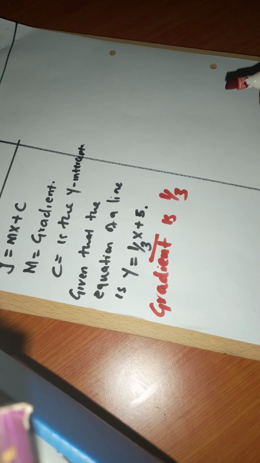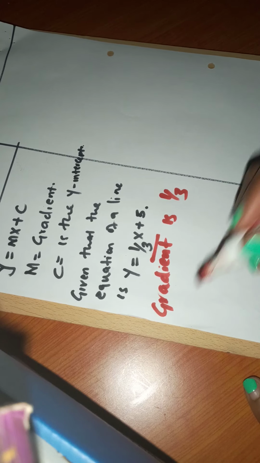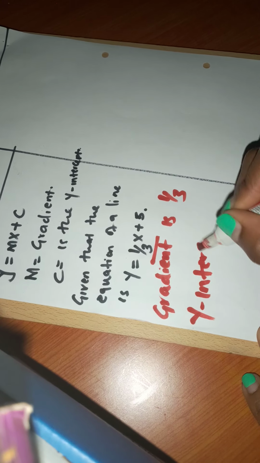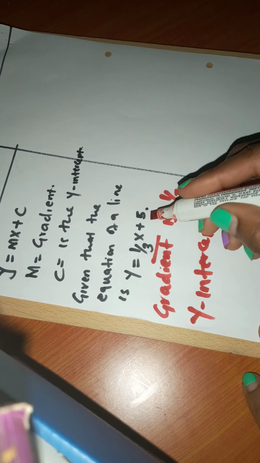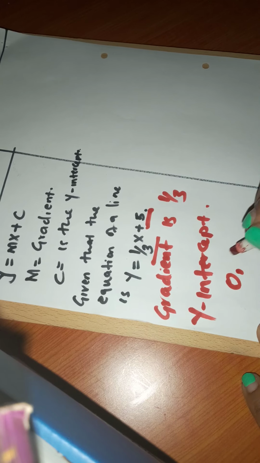And the y-intercept, or rather, you can get one point of this line, and that point is the y-intercept, which is 5, which is positive, and I'll say that point is (0, 5).